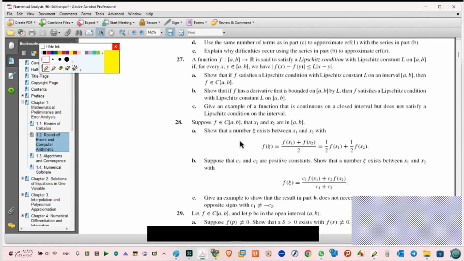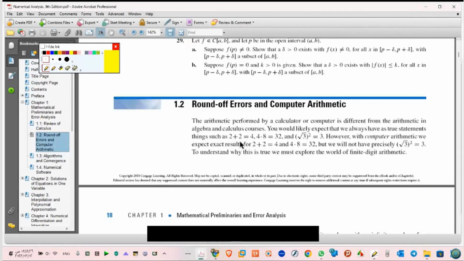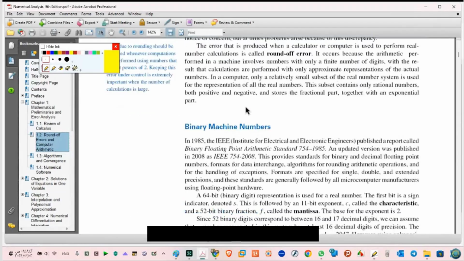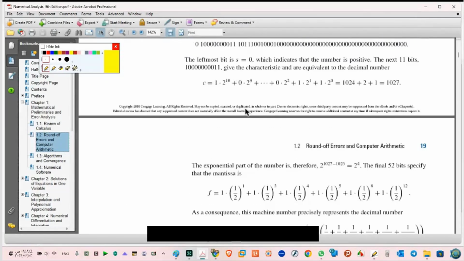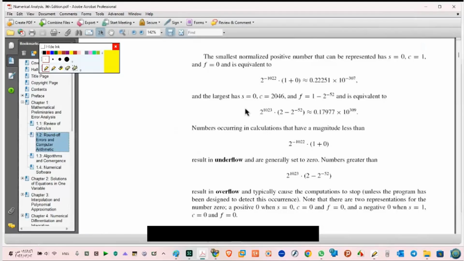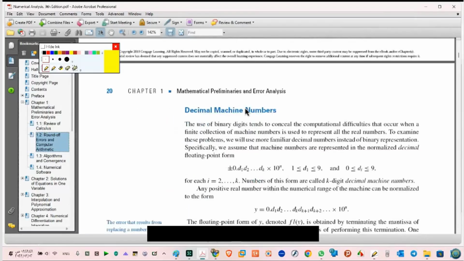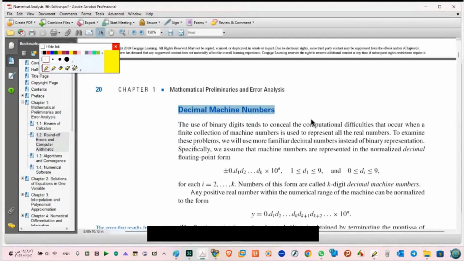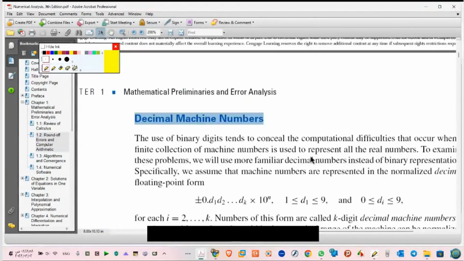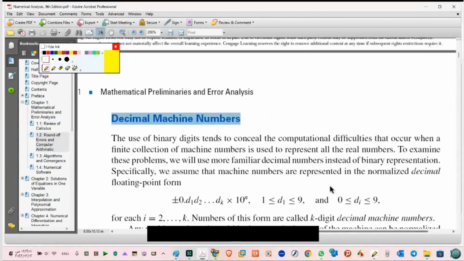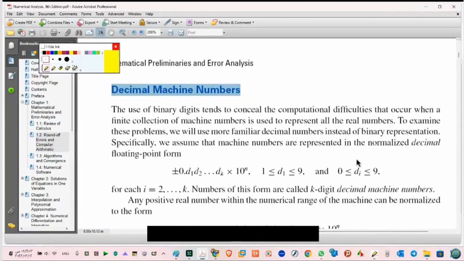So let's go to our book. I will talk about round-off error. See, we started directly with error, how we can calculate the error. I will jump to arrive to this one: decimal machine number in your book. As I told you before, it's numerical, which means we can apply it inside our computer.